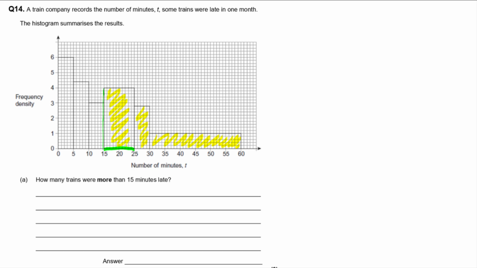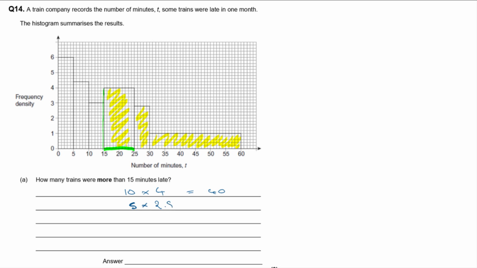Okay, so for the first one, it's 15 to 20, which has a width of 10, times a height of, what's that, 4? 10 times 4, which is 40. The next bar has got a width of 5 and a height of, well, that's 1 little square down from 3, isn't it? So there's 5 divisions between 2 and 3, so each one of those must be 0.2. So I'm reading that as 2.8.